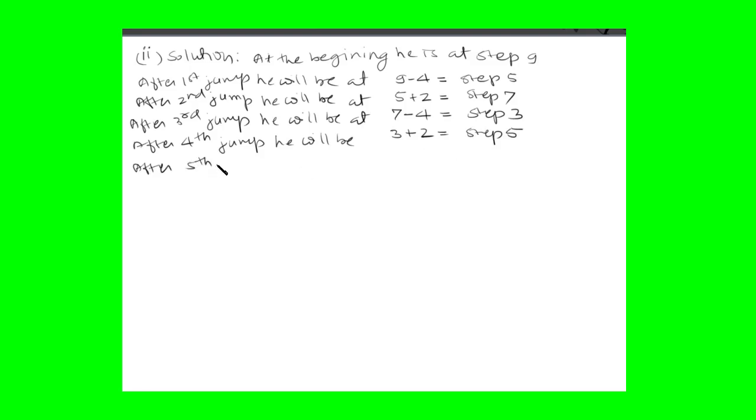After fifth jump, he will be at 5 minus 4, which is equal to step 1. So, the monkey will be at step 1 after 5 jumps, which is the answer of part 2.